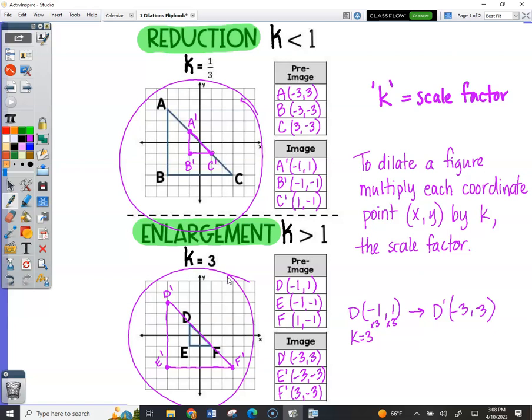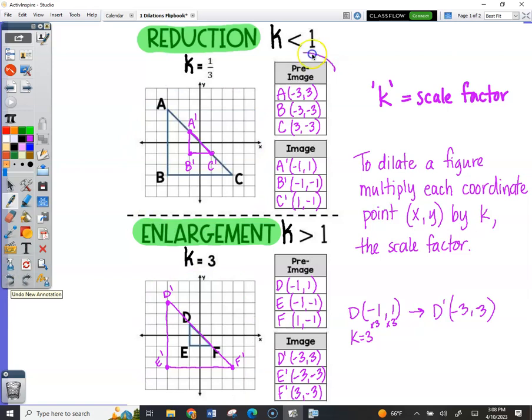Also, what if I just gave you this and asked what's the scale factor? You need to know what direction you're going. If you go one direction, it's multiplied by 3. If you go the other direction, it's multiplied by 1/3. So if I went from -3 to -1, it got smaller, so it's less than 1, and that tells you it's multiplying by 1/3.